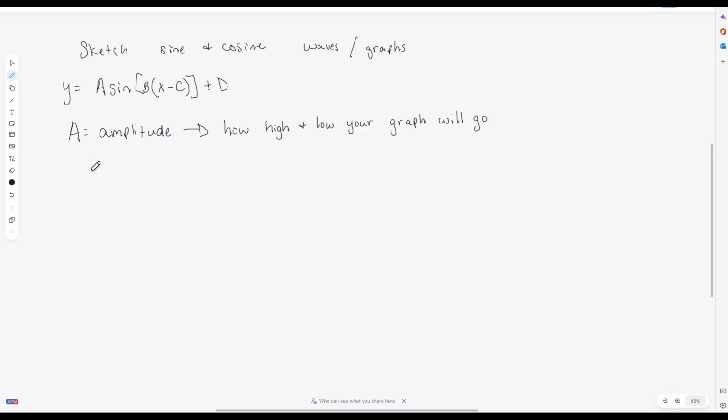Then you have your b. Your b starts to get a little more confusing. b affects your period.